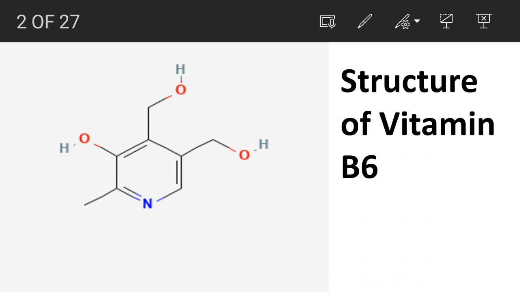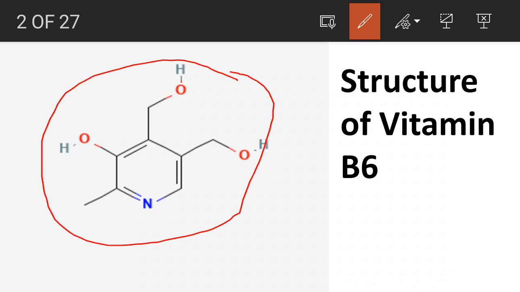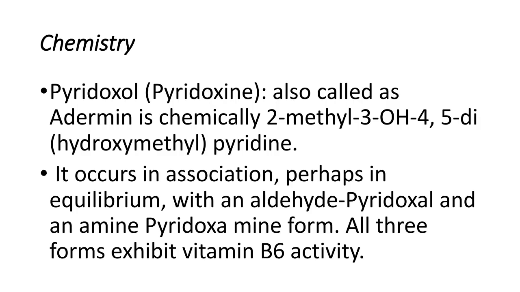First we shall have a look at its structure. The structure shown in the current slide is the structure of vitamin B6, and the chemistry behind it is as follows.